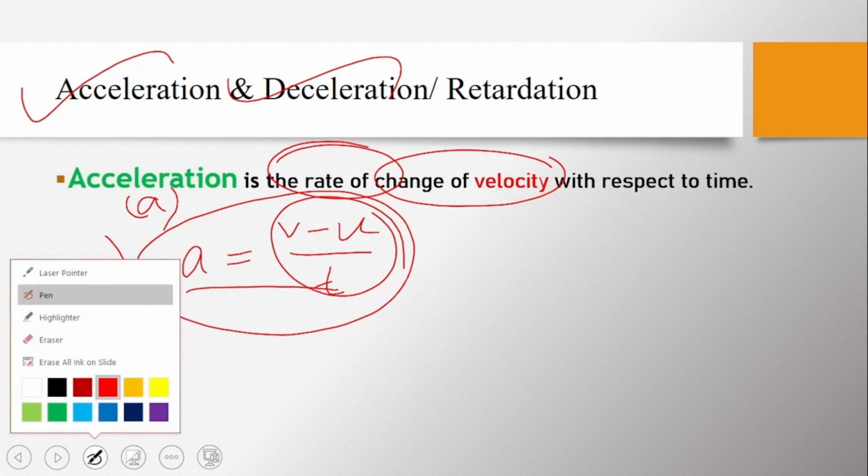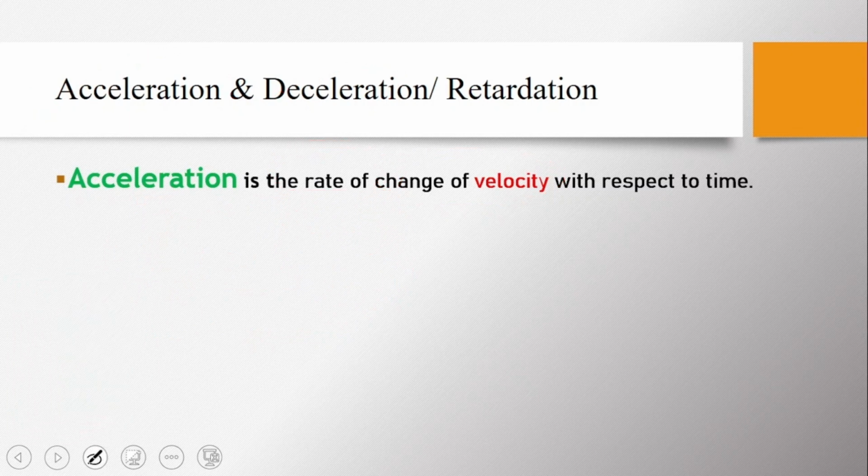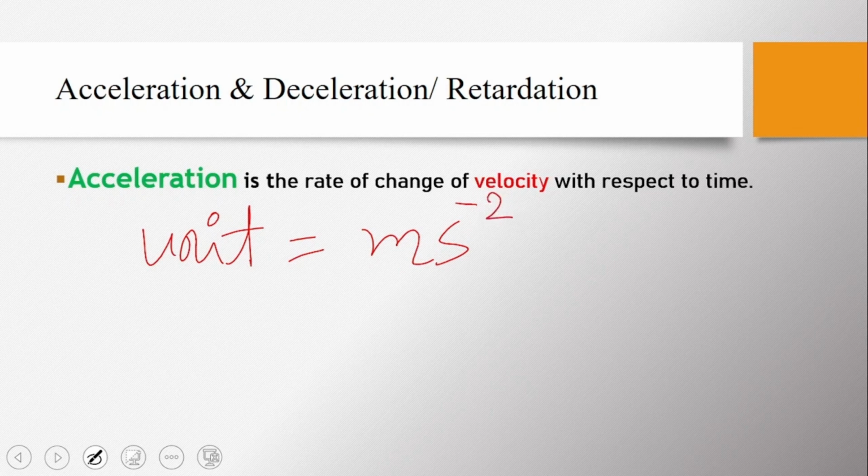And I was supposed to explain how the unit of acceleration is meter per second square. Let's see how. Since acceleration A is the rate of change of velocity, that is velocity by time.